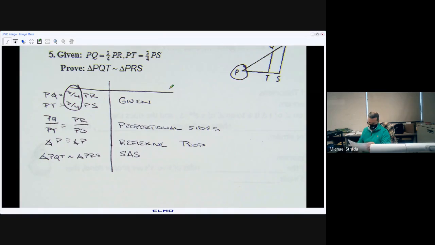Yeah, that should get you through the two proofs that are in the homework. The other one involves mid-segments, which we talked about yesterday, and you would use the same thing. So, for example, I'll put it in on the side.